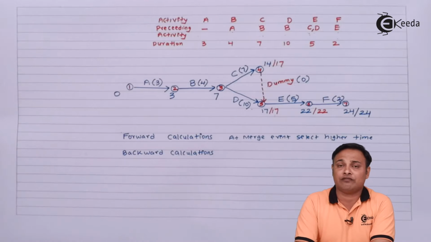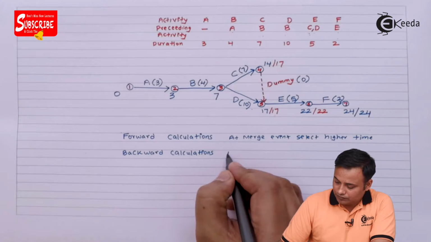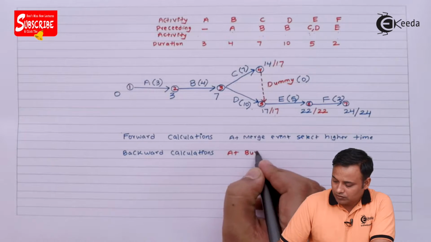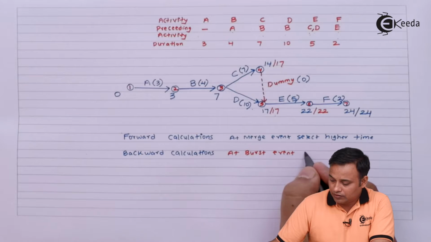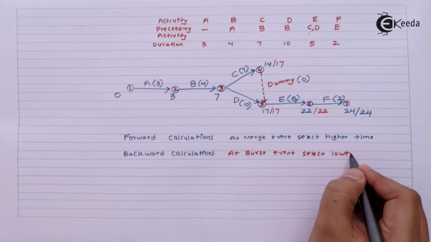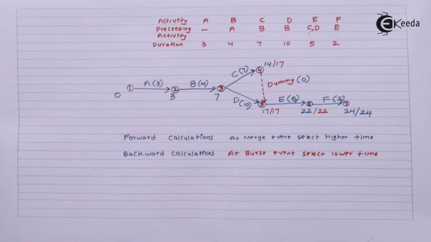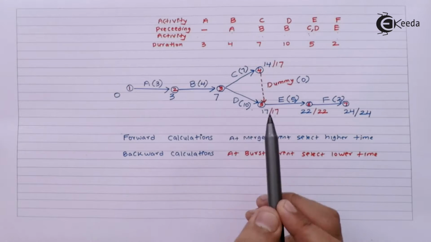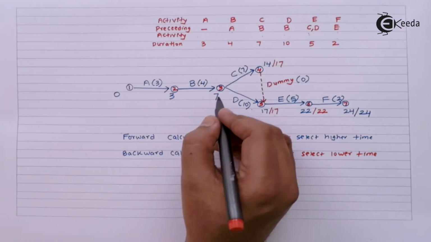So I have to select whichever is lower. At a burst event, select the lower time estimate. So it will be 4 to 3 backwards, 17 minus 7, 10, or 5 to 3 backwards, 17 minus 10, 7.